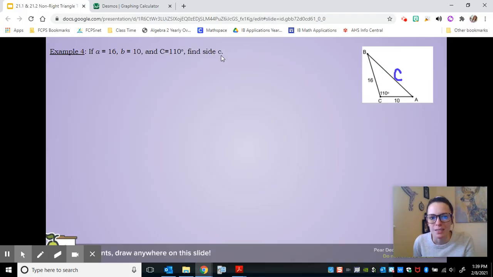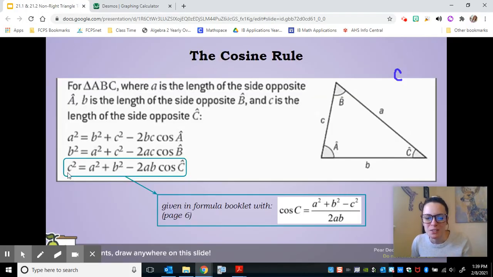So if I'm trying to find side C, that means I'm going to be using the formula where the side is almost isolated, almost just because it has the square. In this case, luckily we are trying to find side C, so it works out that I can use this. But important to note, in case you weren't finding C, whatever side you're looking for, that's the angle that you're taking the cosine of at the end.